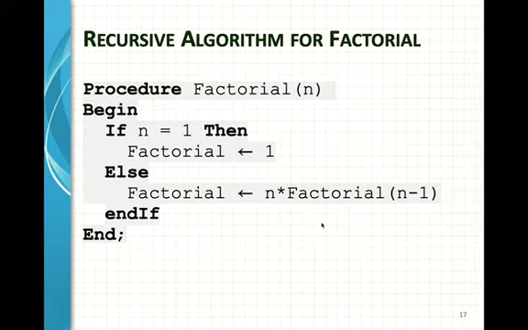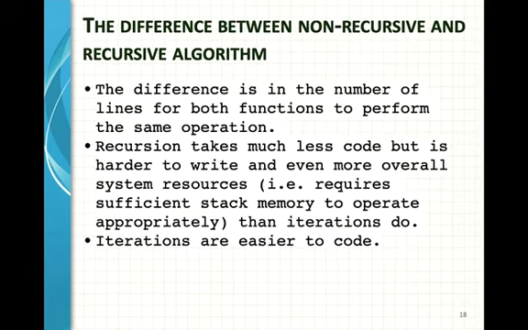So these lines are shorter than the previous one, but there are some implementation hurdles. Some very basic differences are listed here. The difference is in the number of lines for both functions to perform the same operation.